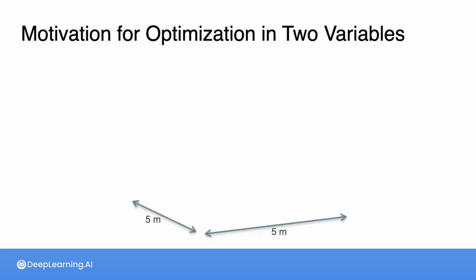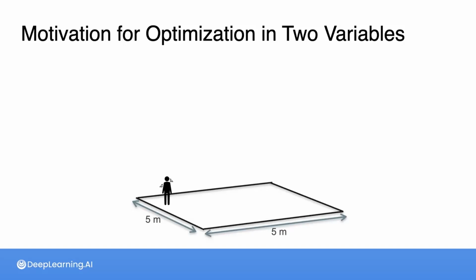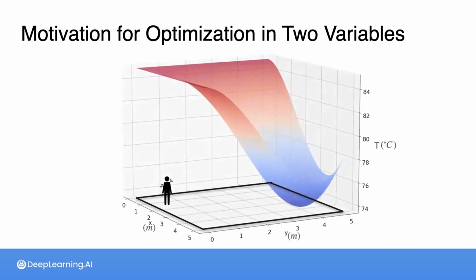Now let's look at a more realistic scenario where you can move in any direction because you're standing anywhere in this room. So it's a 2-dimensional sauna. Now, let's consider that the sauna is this 5x5 room. And you're standing here, but you can walk in pretty much any direction that you want. And again, you're starting to feel hot, so you want to get to the coldest place in the room. And the temperature looks like this.